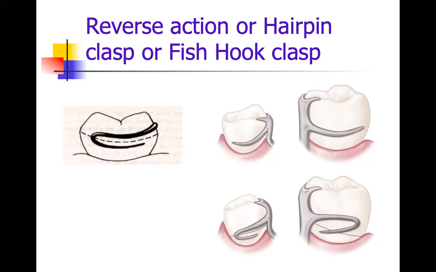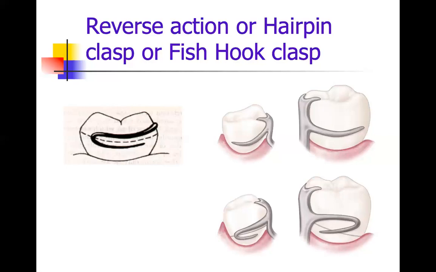It consists of a mesial occlusal rest, a horizontal reciprocal arm, and a retentive arm, this one, engaging the distobuccal undercut adjacent to the edentulous area.